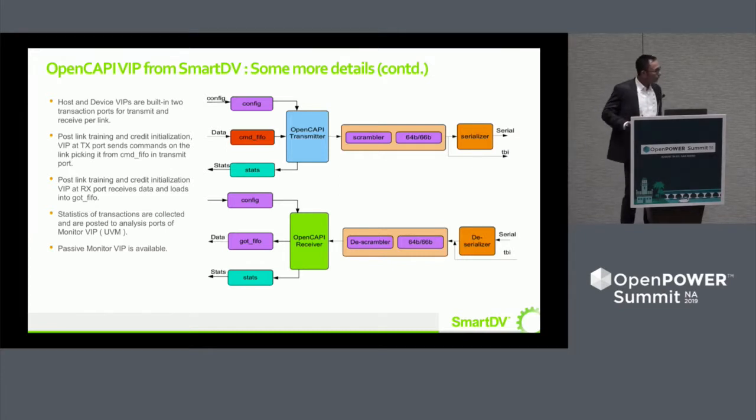In the same manner, on the receiver end, you have a FIFO where the receiver puts the data packets coming in. Then we have these stats objects sitting there, which primarily collect information from the bus, and that goes into the monitor analysis ports and creates the database for the functional coverage.